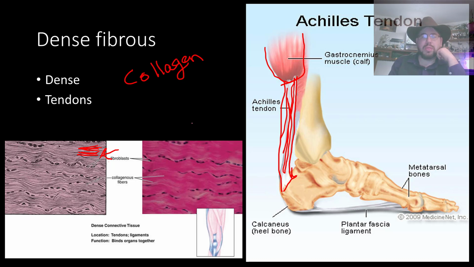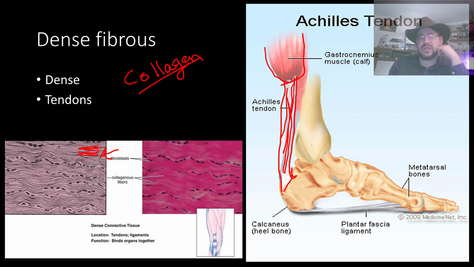So, a tendon is massively thick layers of collagen because that resists pulling forces quite well, which you need because you don't want the muscle to pull against the bone and just have the tendon expand and not move the bone. Those tendons are what allow your muscles to actually move your bones.